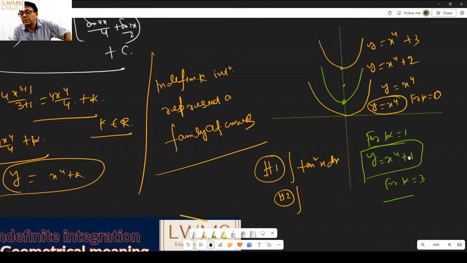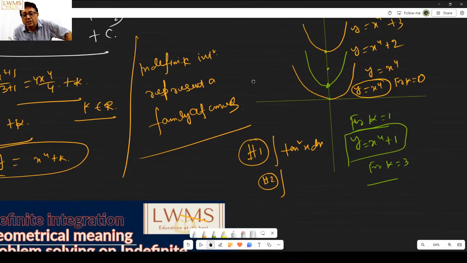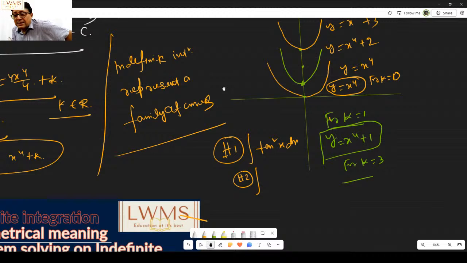Then I am going to integrate, say, sin cube x. Then cos x.